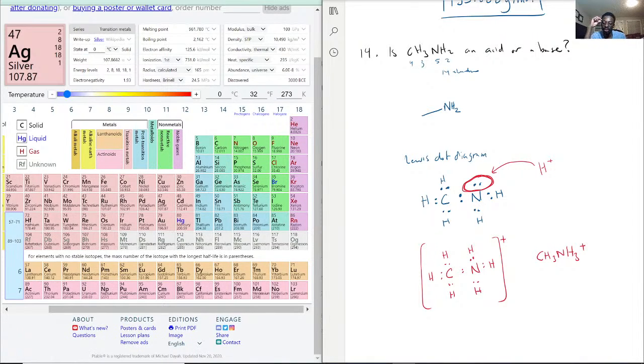Because it can receive a proton, that by definition makes it a Bronsted-Lowry base, because once again it's getting this hydrogen and attaching it to that lone pair. Okay, so see how we did.